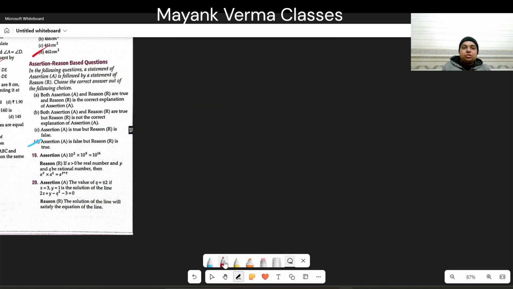In the 20th question the assertion is saying the value of q is plus minus 2 if x equals 3 and y equals 1 is the solution of the line 2x plus y minus q square minus 3 equals 0.